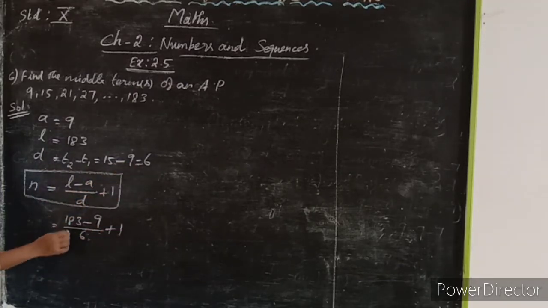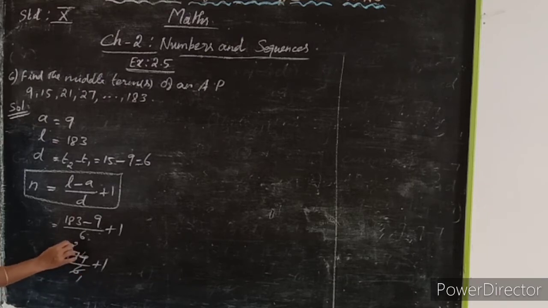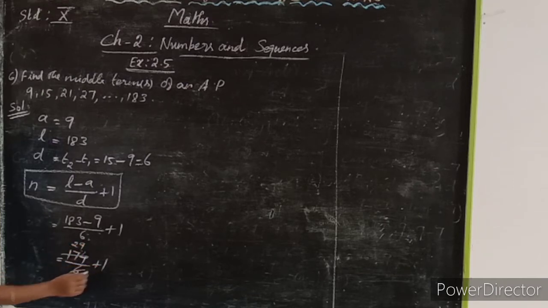So 183 minus 9 is 174, by 6, plus 1. Now cancel by the 6 table: 6 ones are 6, 6 twos are 12, balance 5, 6 nines are 54. So 29 plus 1 is equal to 30.